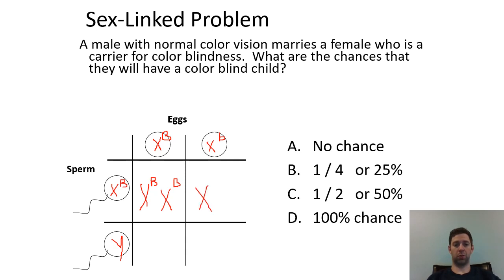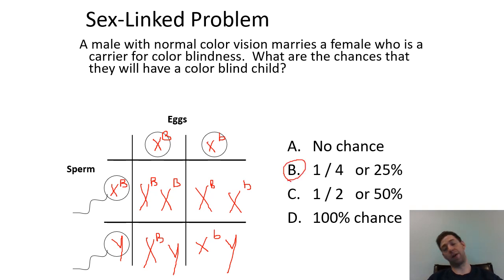This girl would be heterozygous, meaning she's a carrier, but not colorblind. This boy would be normal, but this boy would be colorblind. So our answer there is 25% chance.